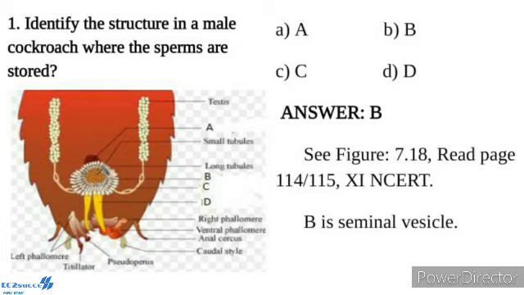From each testis arises a thin tube called vas deferens, which opens into the ejaculatory duct through the seminal vesicle. The ejaculatory duct opens into the male gonopore situated ventral to the anus.